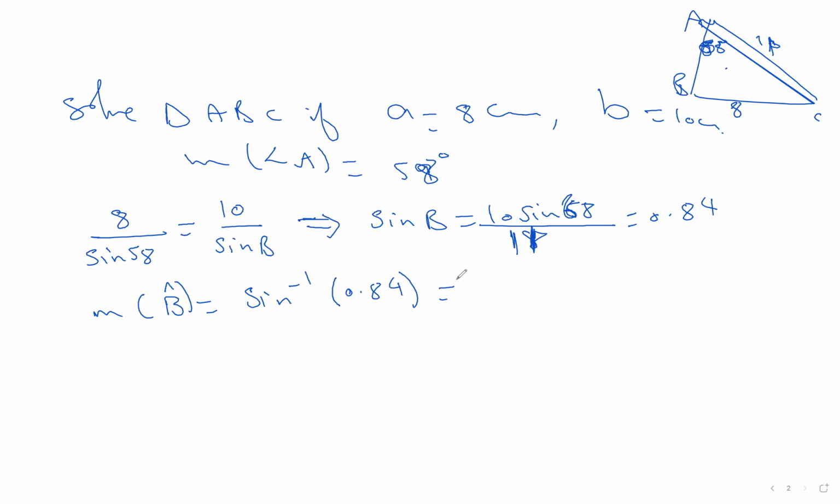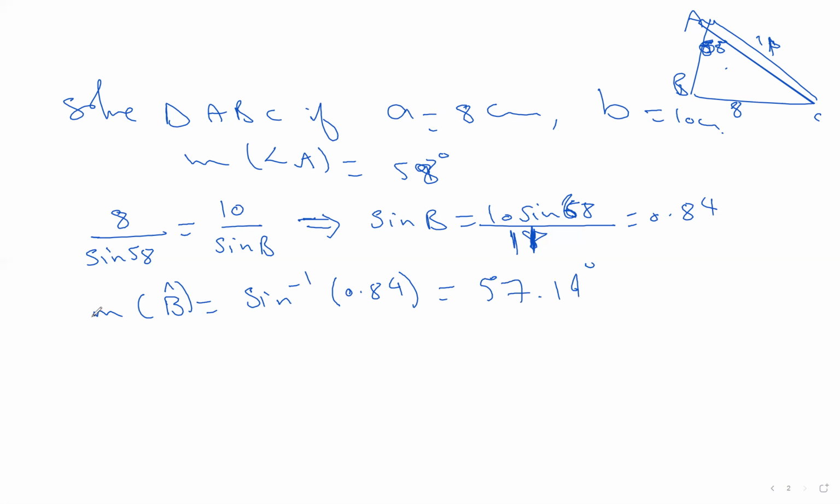So it equals what? Shift sine of 0.84 equals 57.14 degrees. Then the measure of angle B equals this angle. Then we can use the property of the sum of the angles of a triangle to find the third angle.